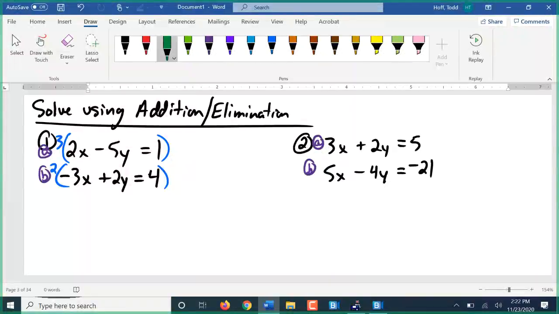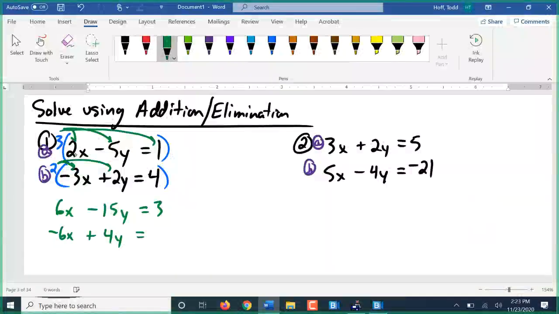So that top equation, 3 times 2x is 6x. 3 times negative 5y is negative 15y, equals 3 times 1 is 3. On the bottom equation, 2 times negative 3x is a negative 6x. 2 times 2y is positive 4y, equals 2 times 4 is 8.